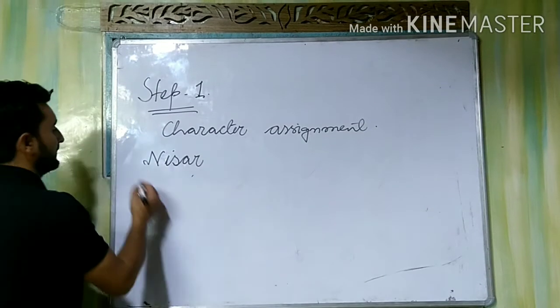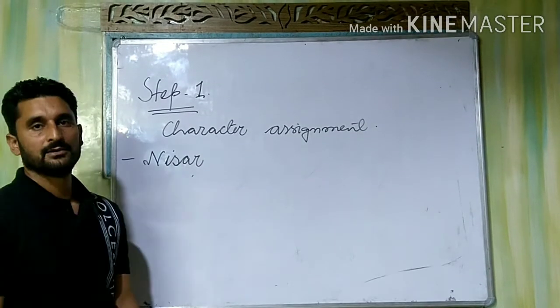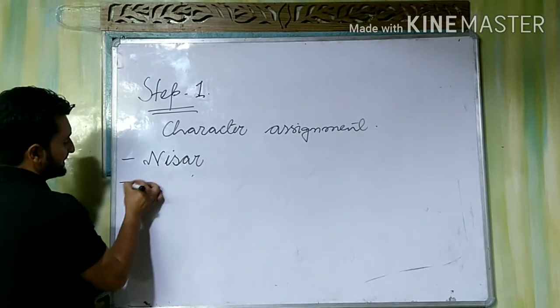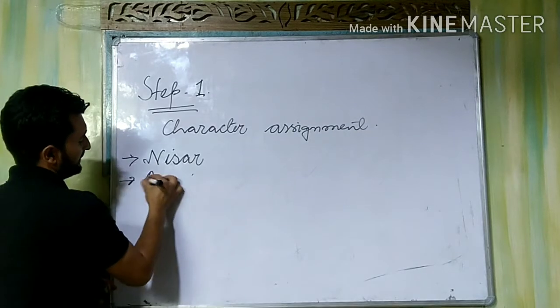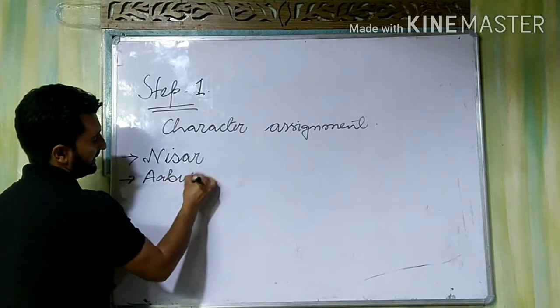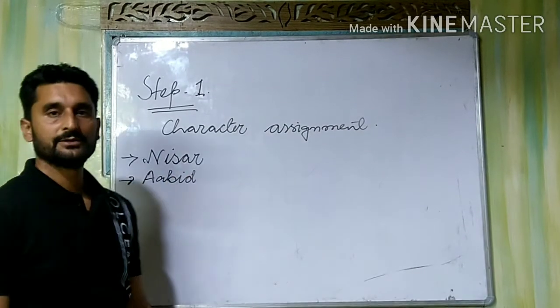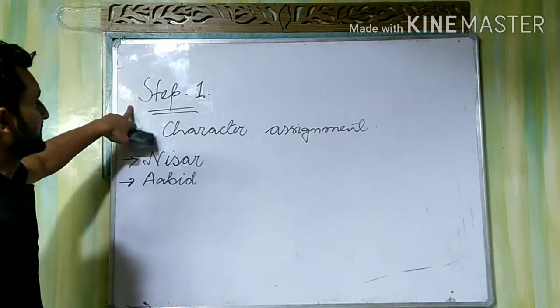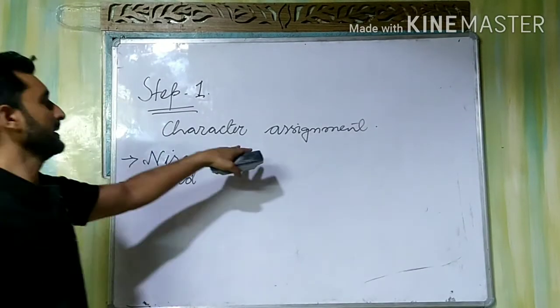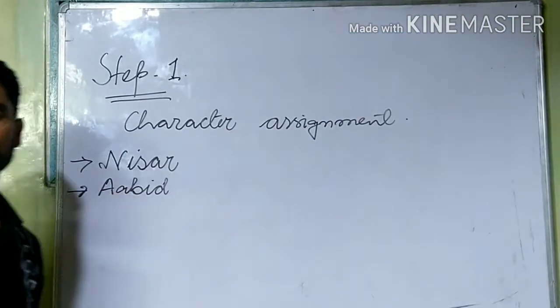Nisar is character one. The second character is Abid. Done? In step one, we assign characters.